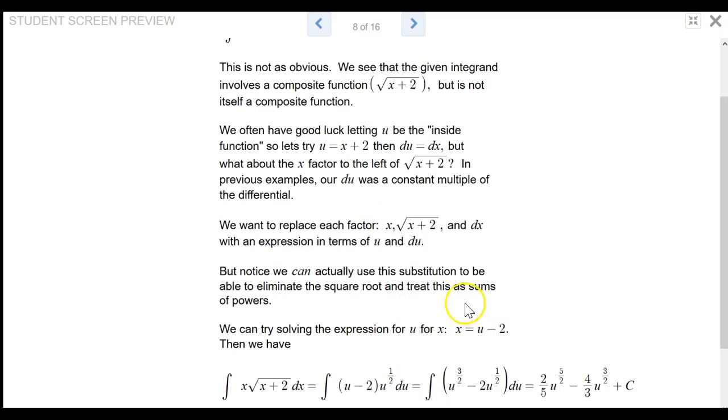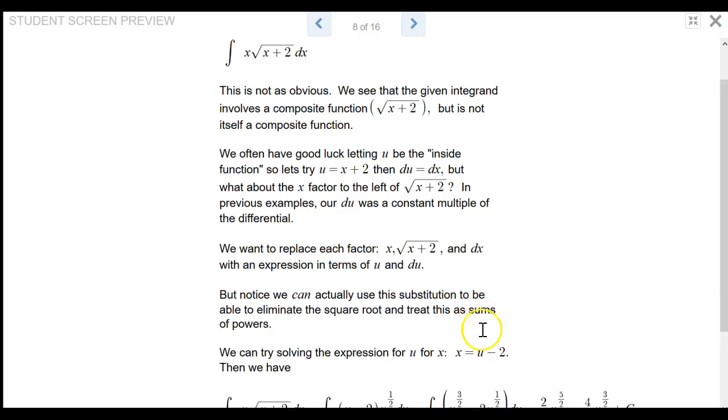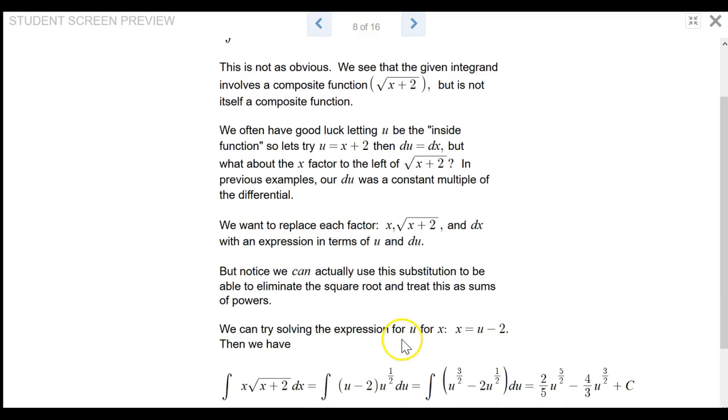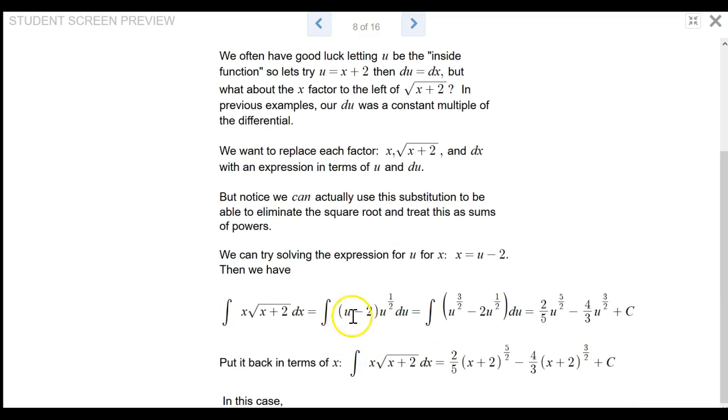So what happens if I replace this x with u minus 2? I get u minus 2 times the square root of u, which is u to the 1/2, du. And now that is easier to work with because I just have powers.